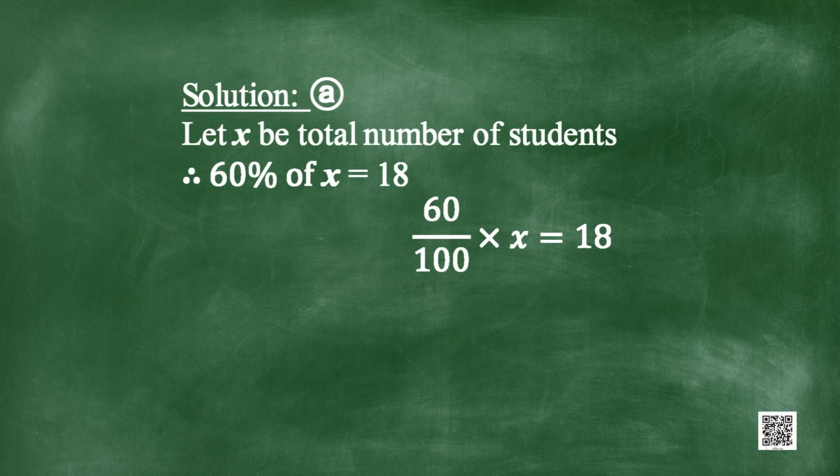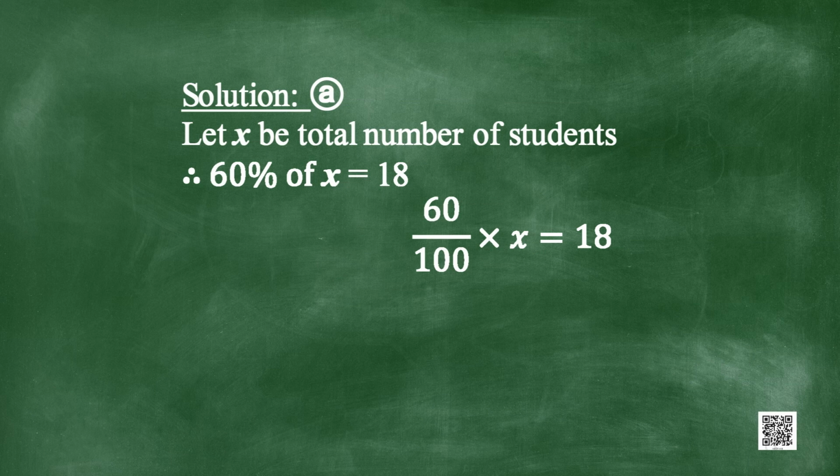Well, students, now let us try to solve one by one. So, the first question asked was the ratio of number of girls to the number of boys in the class. So, let us try to solve it. Firstly, assume the total number of students in the class as x, and it is given that 60% of total students are girls. So, therefore, 60% of x are girls, which is equal to 18.